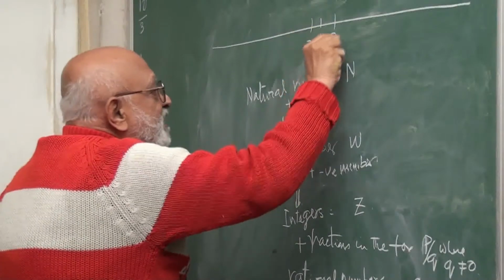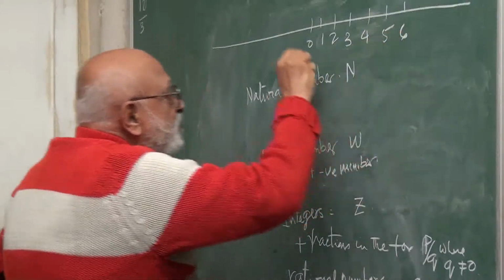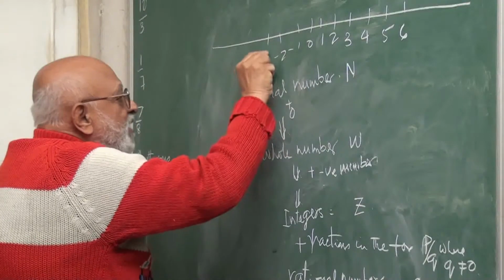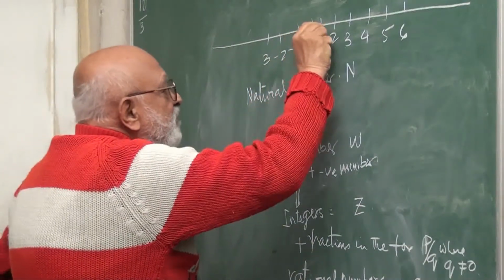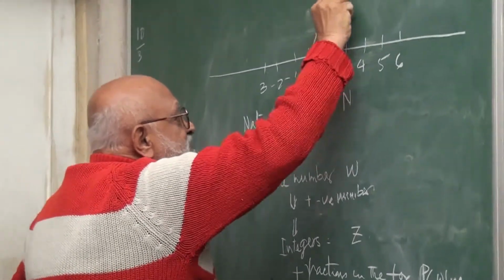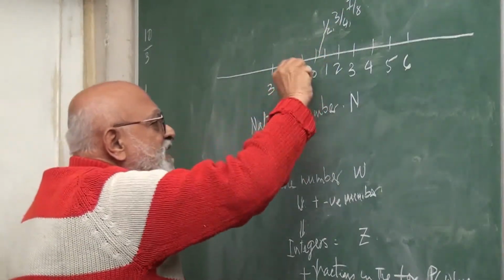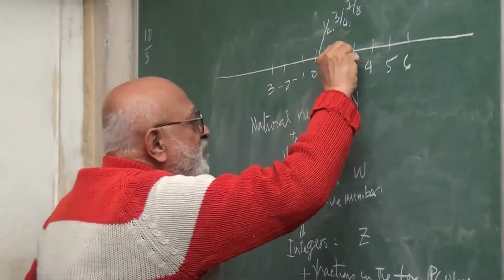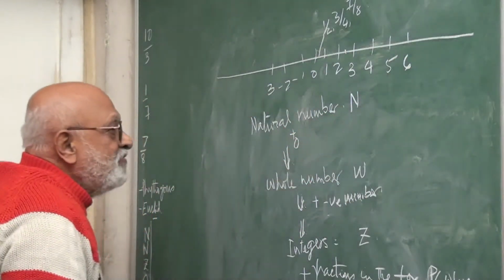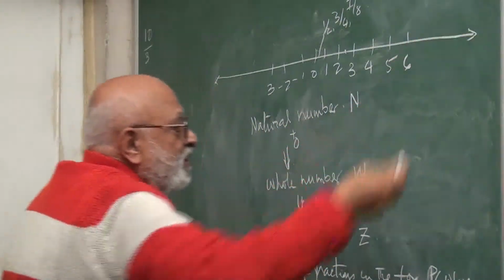Here -1, -2, -3, and in between 0 and 1 you will have a half, 3/4, 7/8, and many other numbers, infinite in number. Every point on this number line will give you a number.